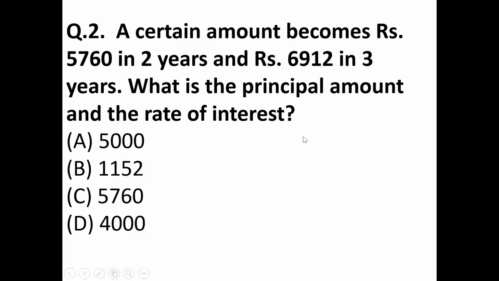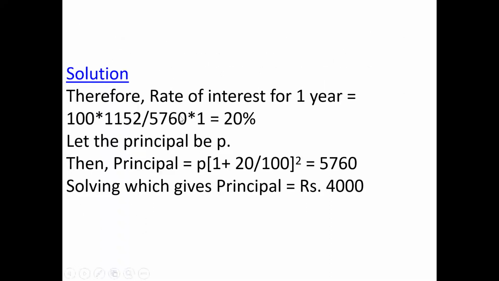So from that there is a gap of 1 year. So that one only we are finding, that in 1 year how much percentage the rate of interest increases, that is 100 into 1152 by 5760 into 1, that will give you 20%.